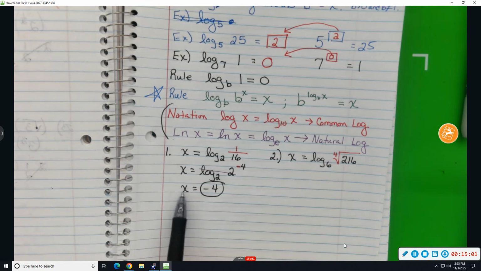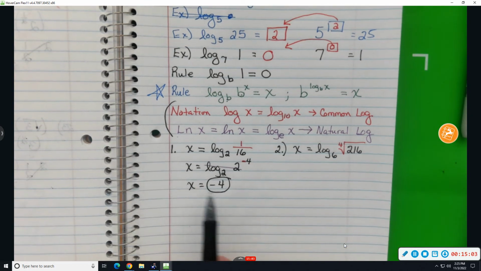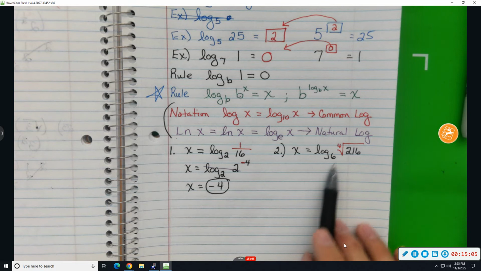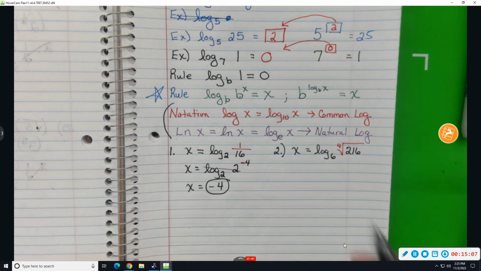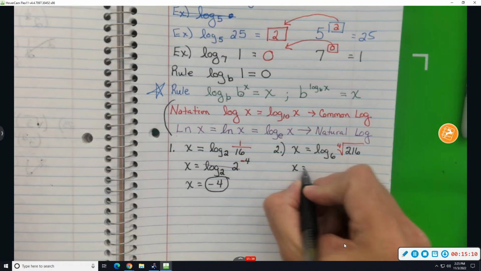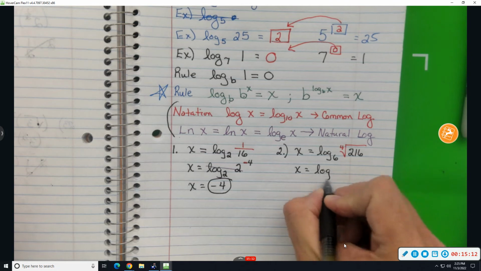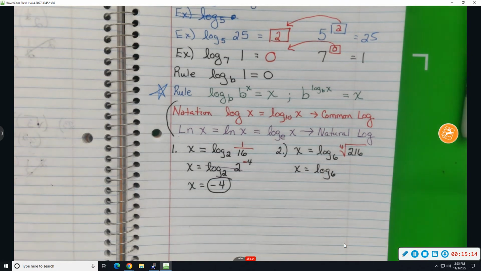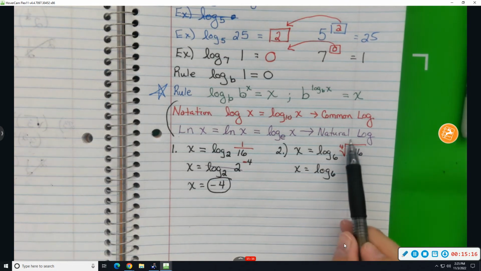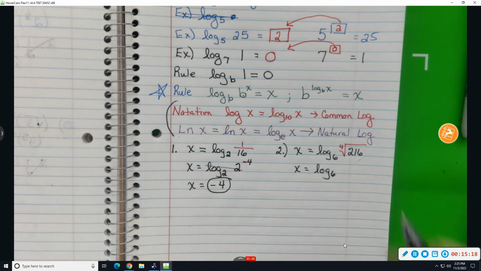On this one, like number 1, I just want x equals a number. I don't want all this logarithm stuff there. So what I'm going to need to do is rewrite this stuff here with the same base, a 6.